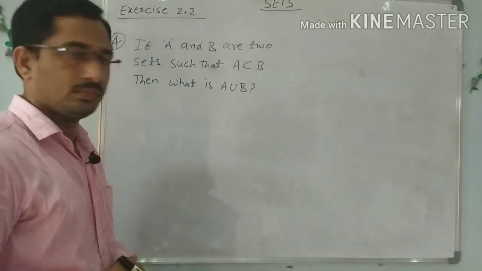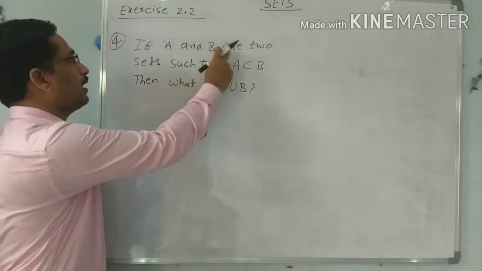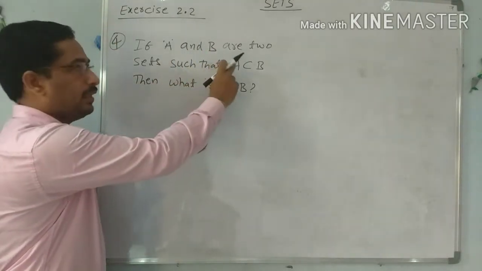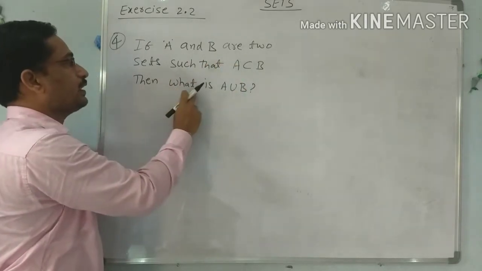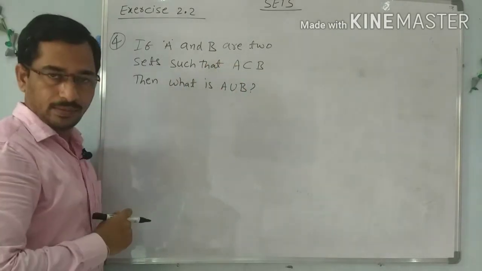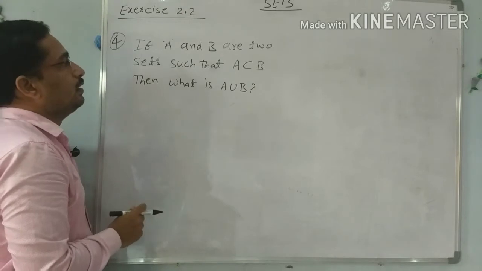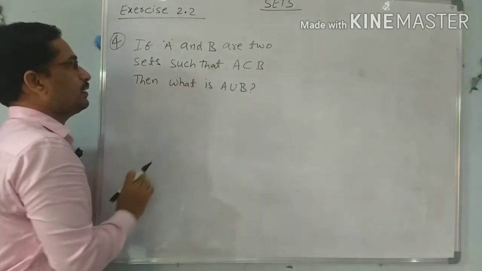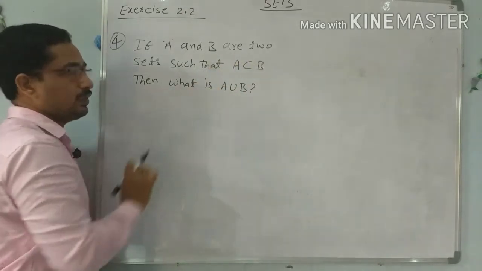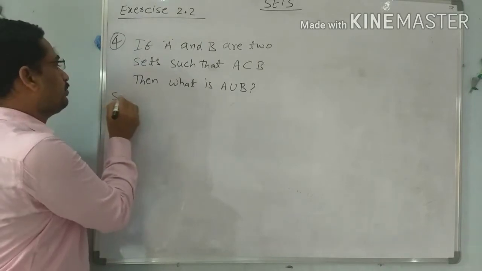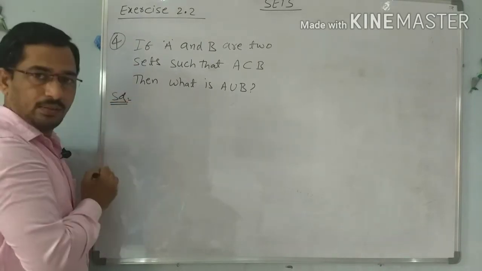Now fourth problem. See, if A and B are two sets such that A is a subset of B, then what is A union B? We have to find out A union B. See the solution, I explain it with an example.